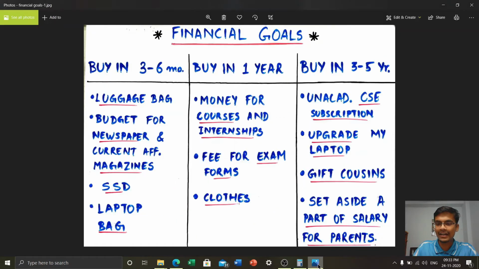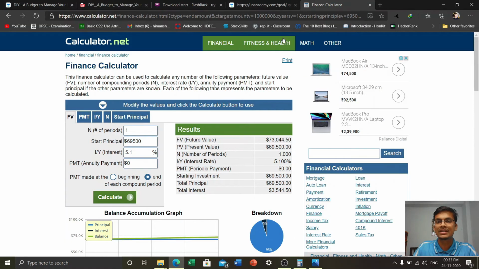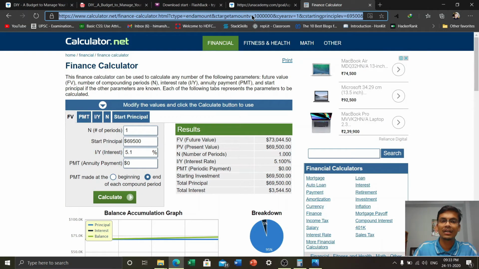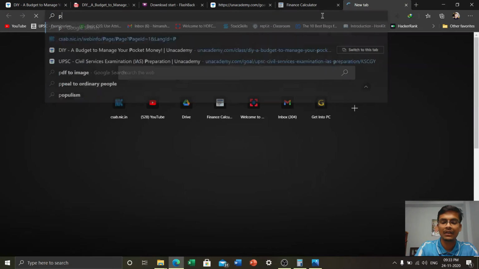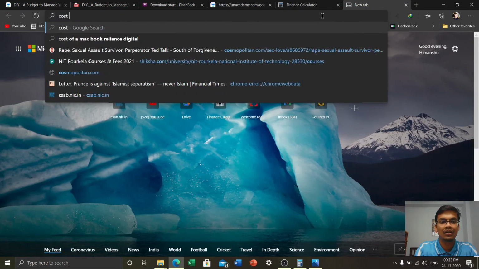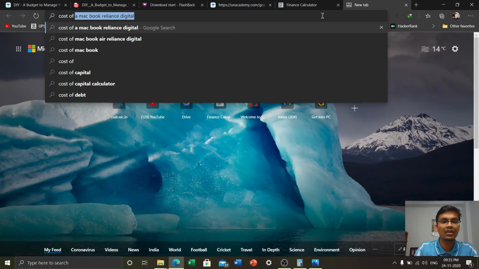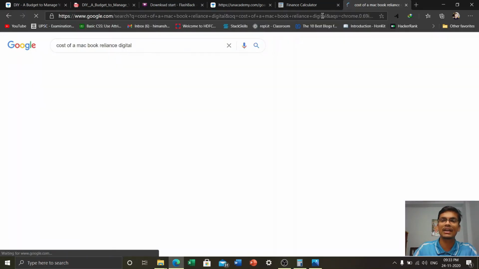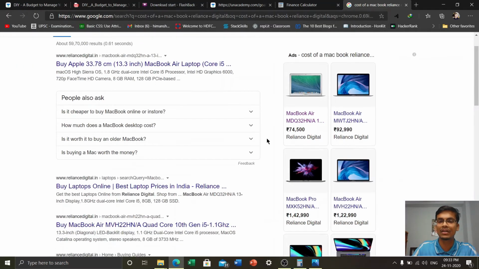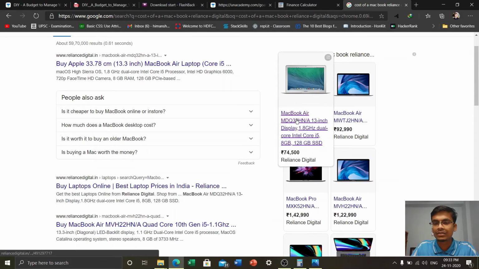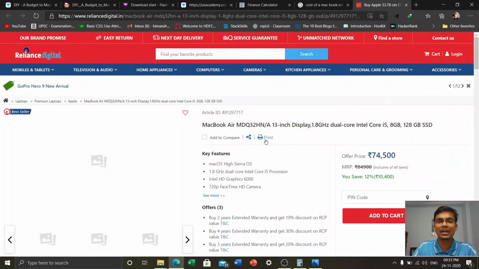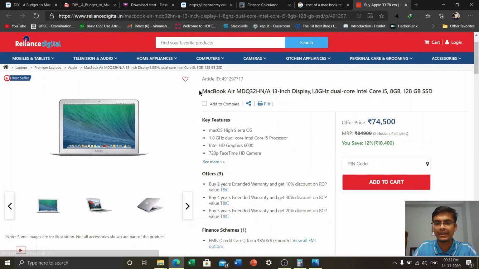Now, looking at the second long-term goal, which is to upgrade my laptop. So checking the price of, let me open a new tab, the cost of a MacBook on Reliance Digital. I usually prefer Reliance Digital for my electronics shopping. So the cost of a basic level MacBook Air currently is nearly 74,500. Now this is the price today, and in future the price could hike.